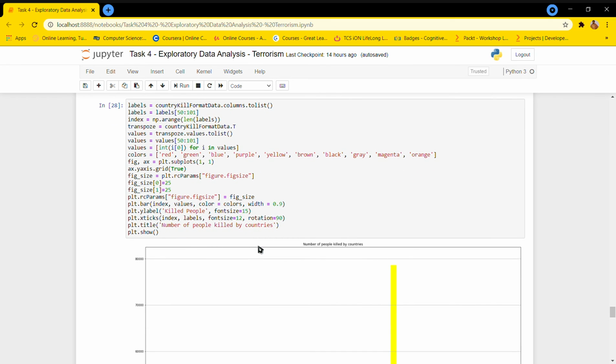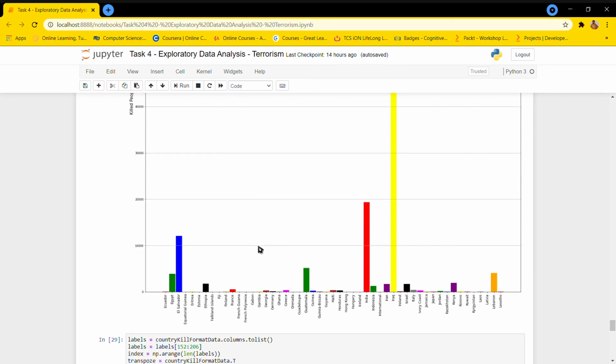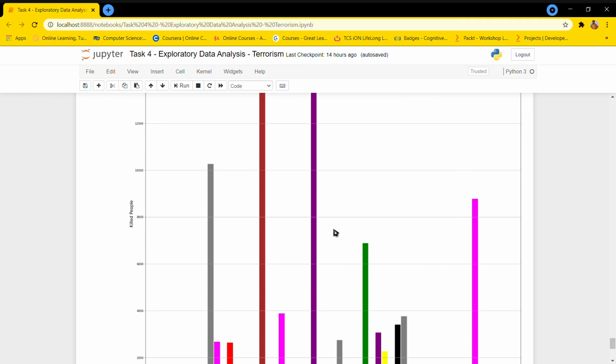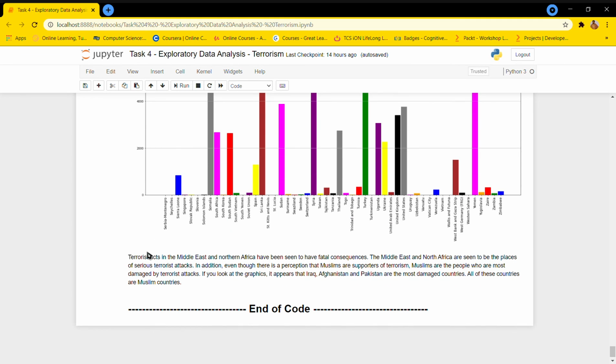Then another graph of the number of people killed for the remaining countries, and here's India. You can check this, approximately 19,000 people, and this is for the remaining countries.